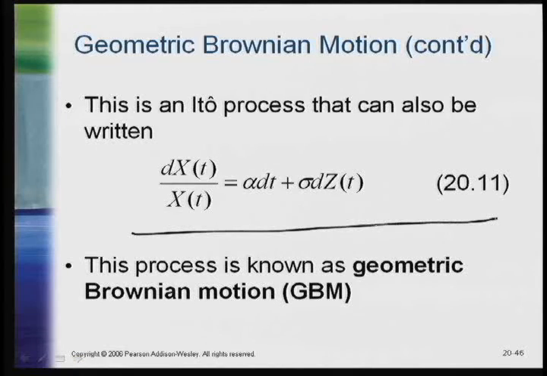We've seen this before, that sometimes geometric Brownian motion is expressed in terms of the ratio of dx to x, and you can see that this is arithmetic Brownian motion. So the ratio of dx to x is arithmetic Brownian motion, if you want to think of it that way. But importantly, the change in x is proportional to x.